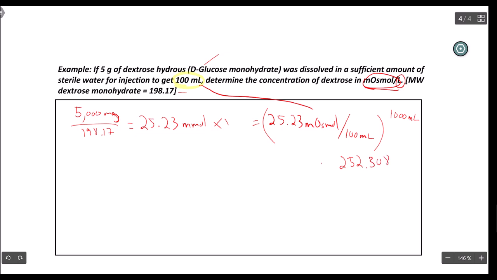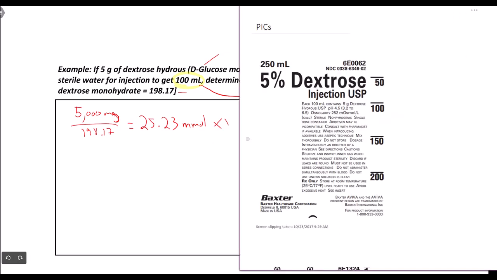Now, if you think you did that wrong, you can also look at an IV bag, and for dextrose you're going to see 252 milliosmoles per liter, and we just calculated that. Same thing that they did.